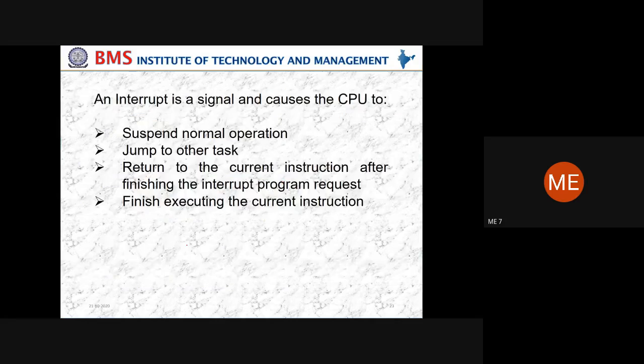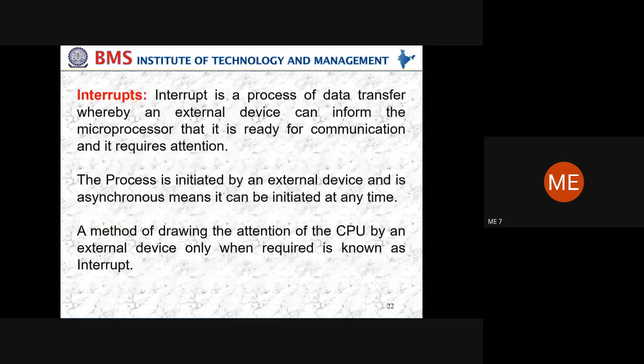Now this is about what is called an interrupt. Before I end, interrupt is a process of data transfer whereby an external device wants the attention of the microprocessor for communication between the processor and the external device.